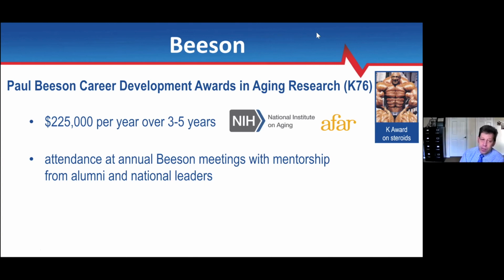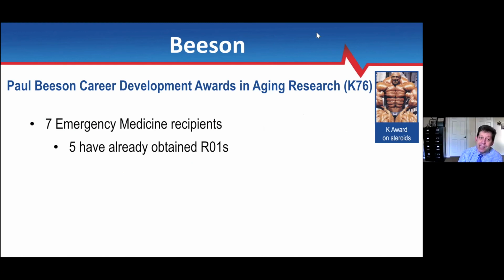For 3 to 5 years, there is attendance at the annual Beeson meeting, which is an extraordinary meeting with extraordinary mentorship from alumni and national leaders. It's really kind of a club, which has been really, really beneficial. And this award has had 7 emergency medicine recipients, and 5 of those recipients have already obtained R01.